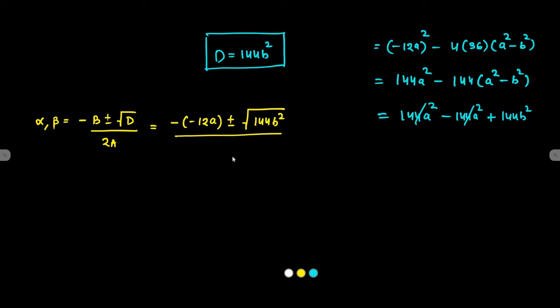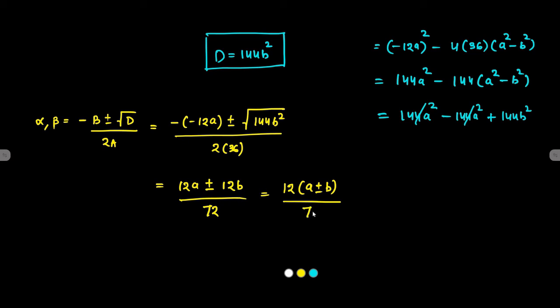Okay, so 2 into 36 is 72, so 12a plus minus, this will be 12b. Okay, 12 square is 144 and b square root over is b. So 12a plus minus 12b by 72, which is equal to 12 common, a plus minus b by 72. This is 6. So the two roots are a plus minus b by 6.